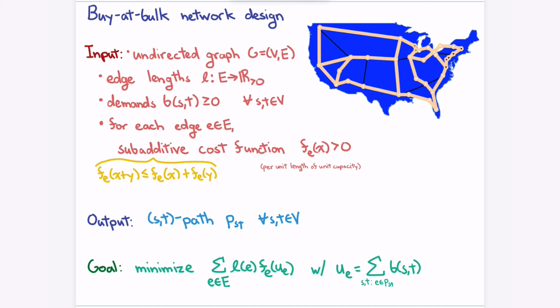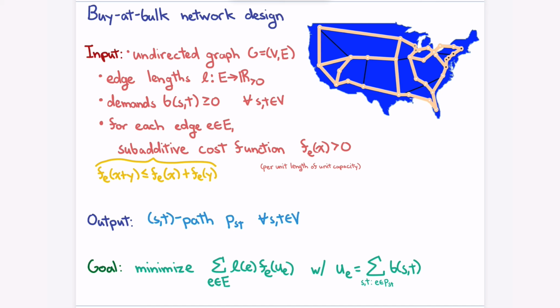And the idea is that if 10 different people are using this wire, I have to buy more wire, but the cost maybe is going down on a per unit of wire basis. Imagine the graph is where you could put the wires, or where the path can go.